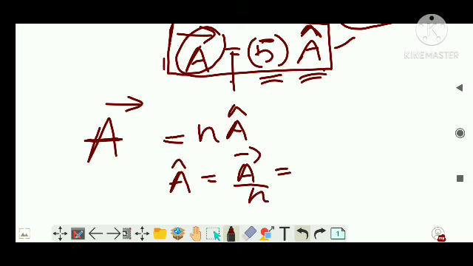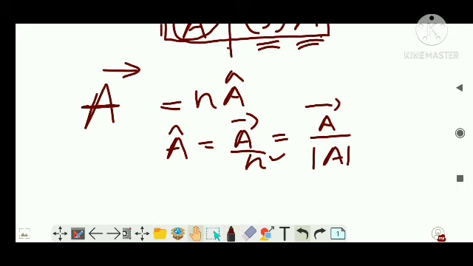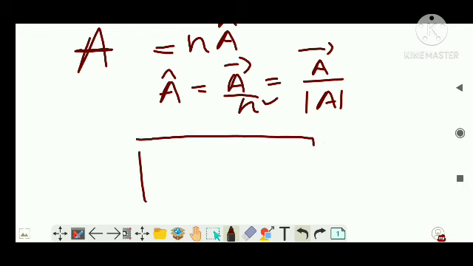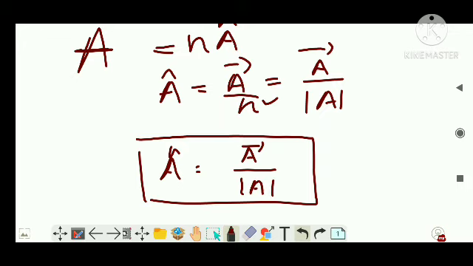What is n? It is the numerical value, the magnitude of vector a. So at last, a cap, the unit vector, is equal to the vector divided by its magnitude.